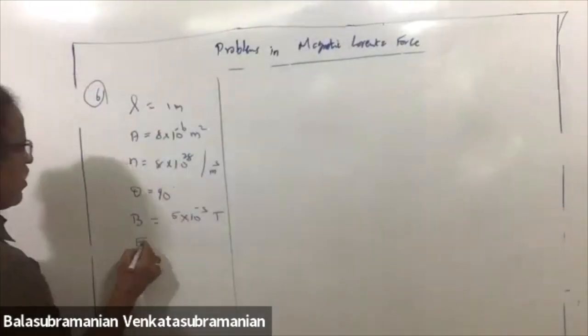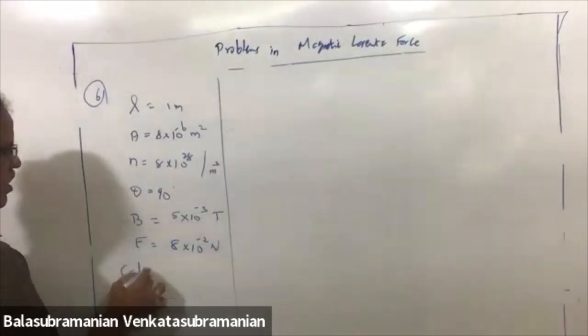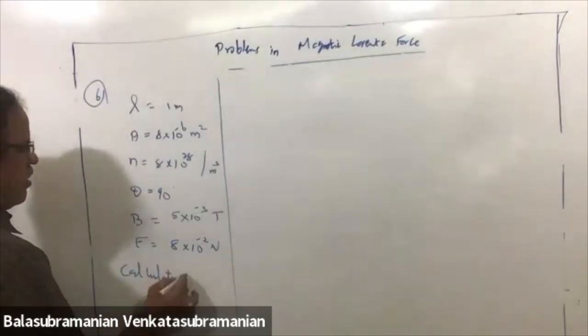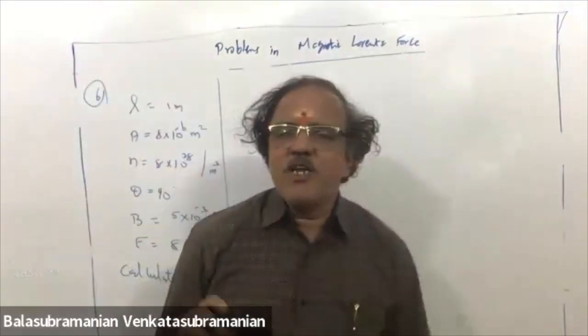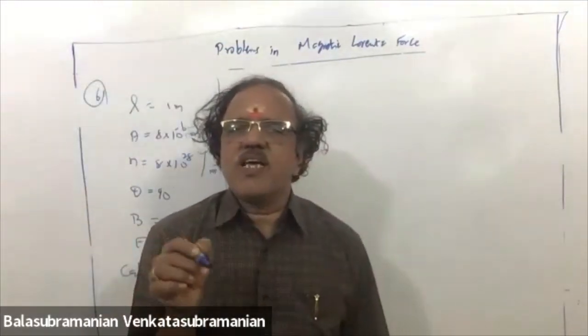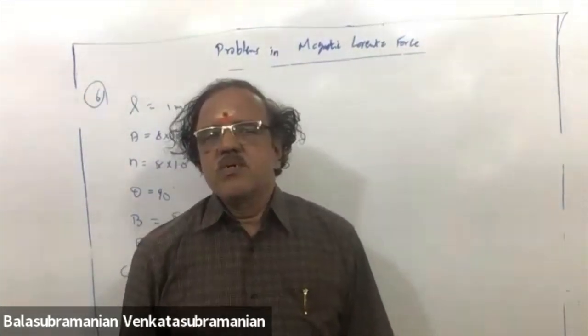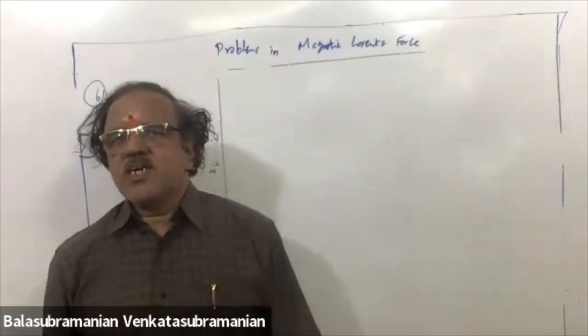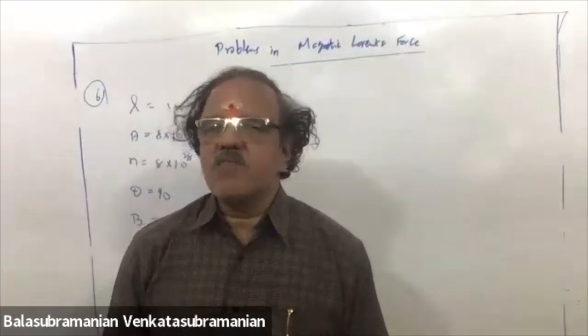Force also given. Calculate drift velocity. Velocity with which the electrons are moving in the conductor. That is called charge movement. Charge movement means current. So that velocity is called drift velocity.